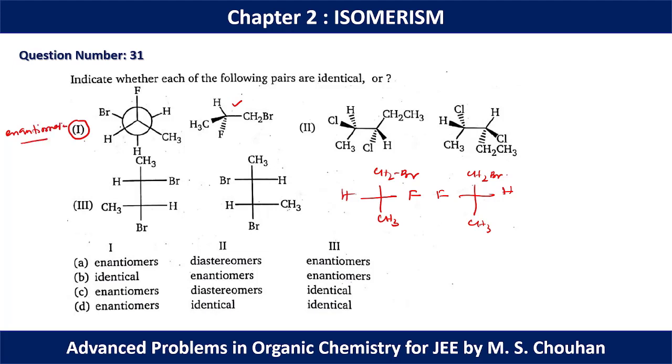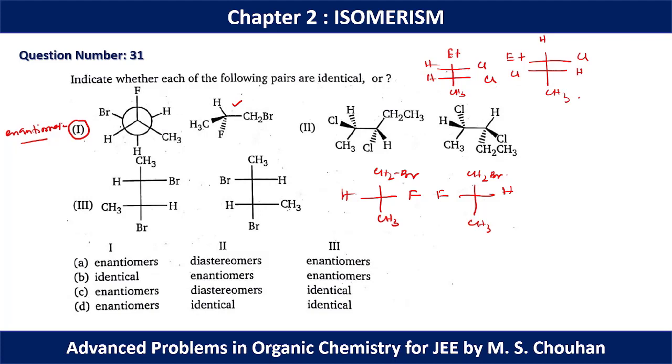Okay, in the next molecule, if we draw the Fischer projection, so first molecule will look like this: ethyl, methyl, H, Cl, H, Cl, and the second molecule will look like this: hydrogen, ethyl, chlorine, Cl, H, CH3.